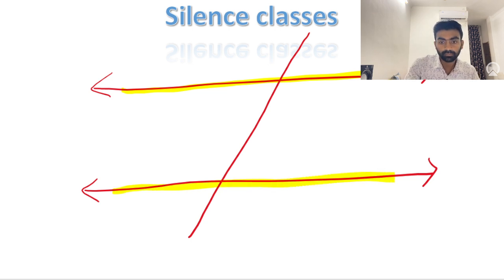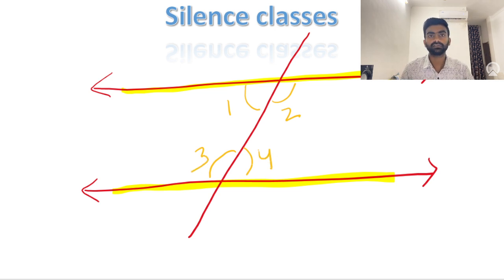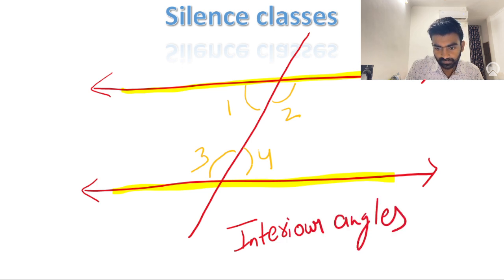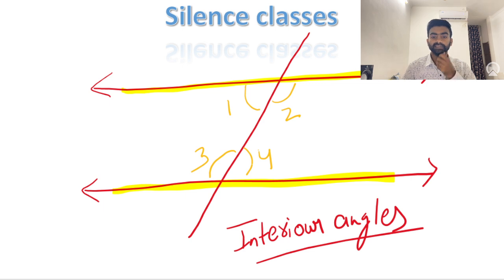The angles present between these two lines, like this: 1, 2, 3 and 4. All the four angles present inside these lines are known as interior angles.